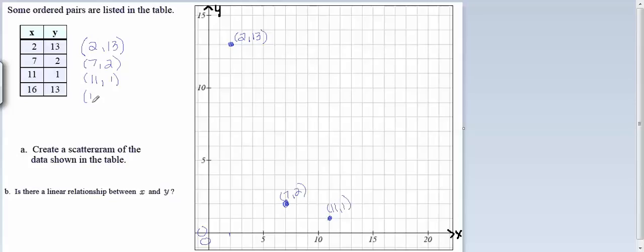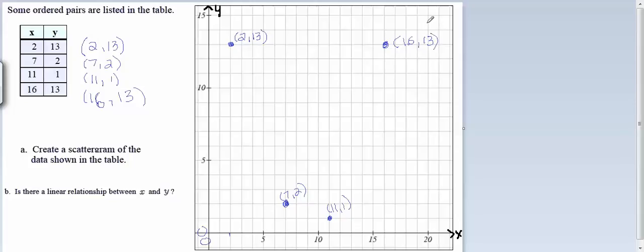And finally, I have the data point (16, 13). So I'm going to go all the way up to 16 on the x-axis, and on the y-axis all the way up from 10, 11, 12, 13. So there we have created our scattergram of the data.